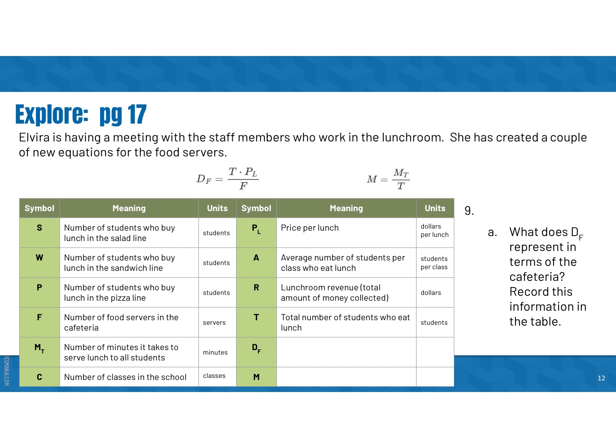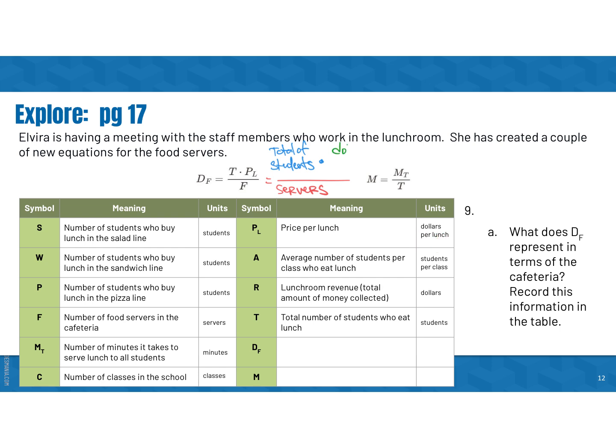All right, so f is the number of servers. So I'm going to put servers on the bottom. That one's easy. Okay, T, let's look for T. T in here is the total number of students. And that's being multiplied by P of L, dollars per lunch.